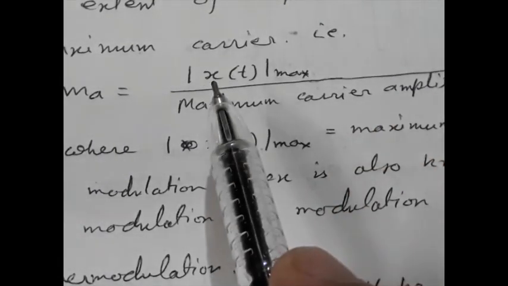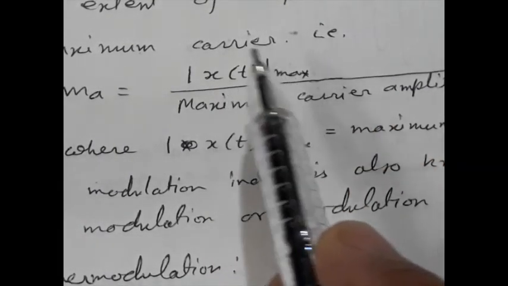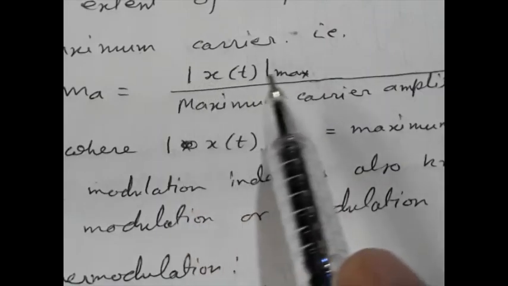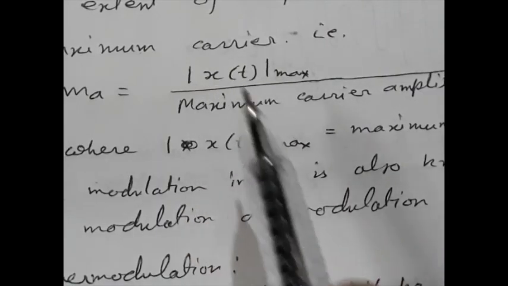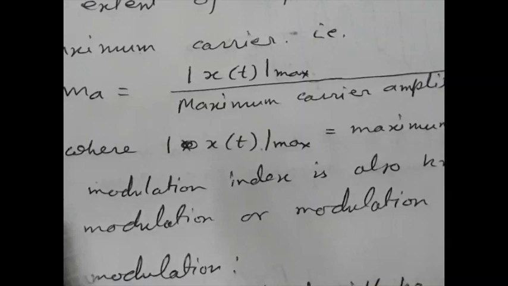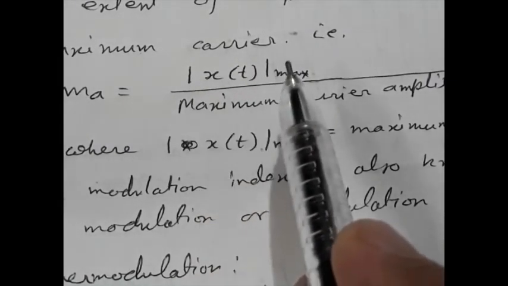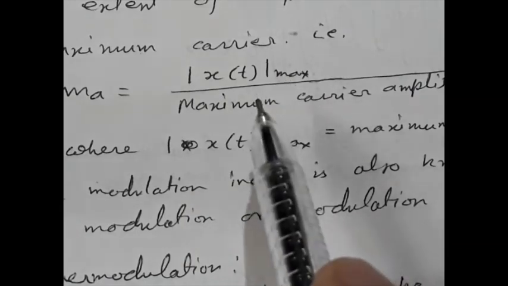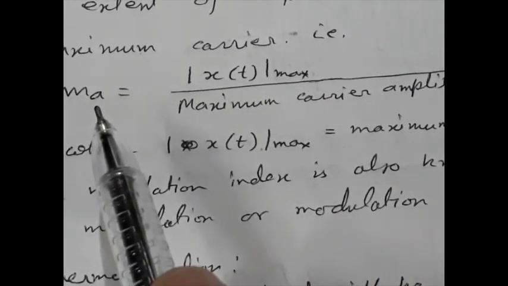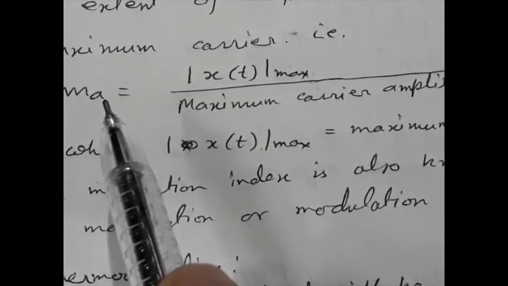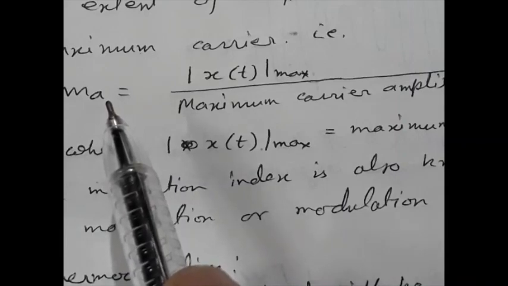Now generally x(t) is made smaller compared to the maximum carrier amplitude. So this numerator is lower than the denominator. So mA, the modulation index, most of the time is less than 1.